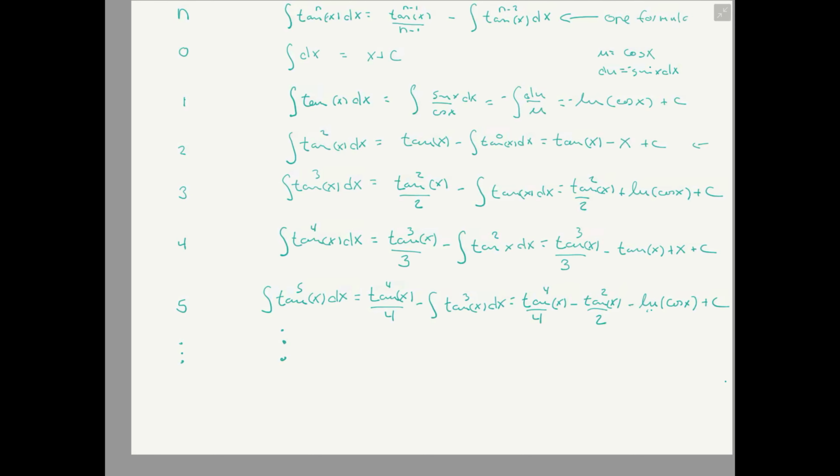And we just can go on. We could build this table on indefinitely using that formula.